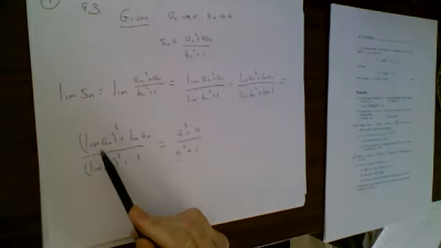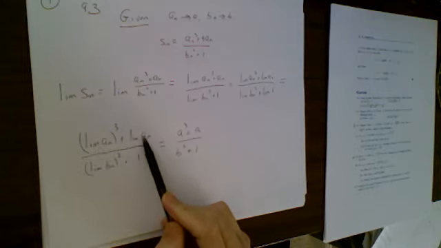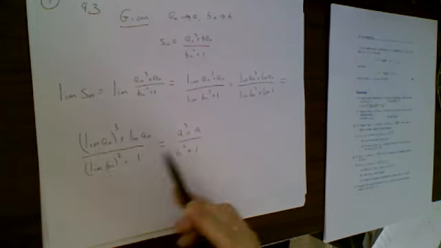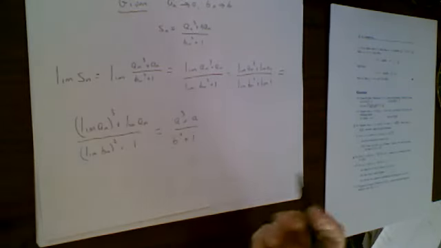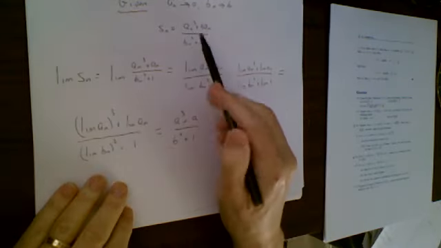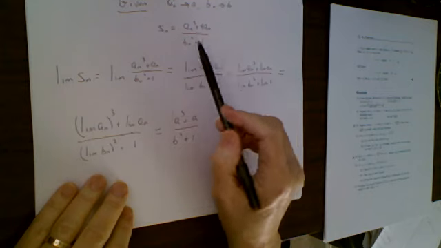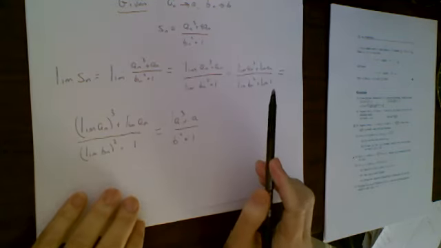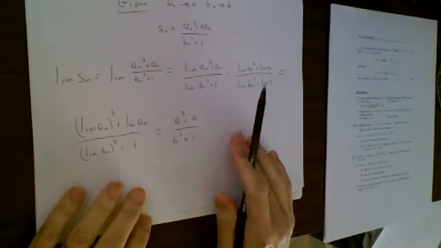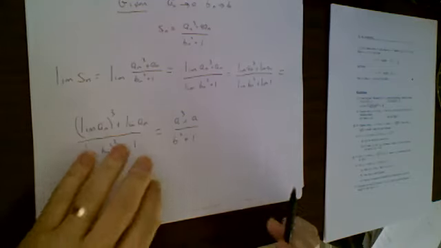This limit exists as a, this limit exists as a, this limit exists as b, and so on and so on. In other words, what you would just do naturally is plug in a and b. This breaks it down piecewise, piecewise, piecewise. This sort of is the justification for just plugging in. Okay. So that takes care of 9.3.